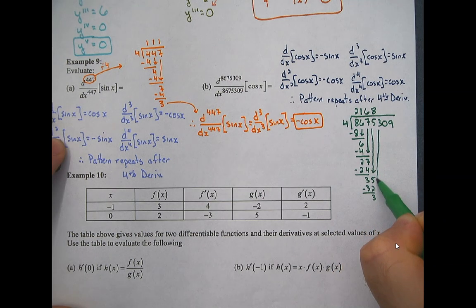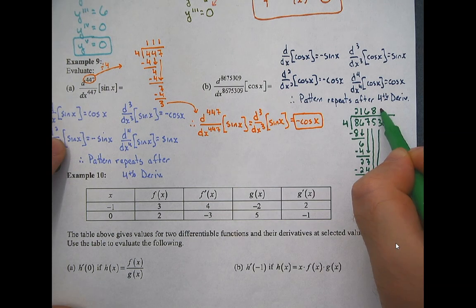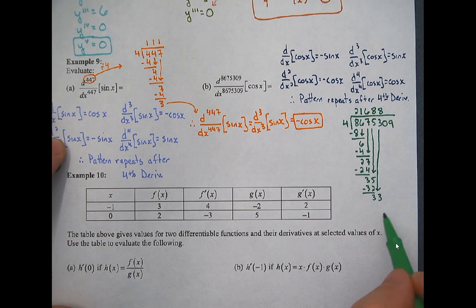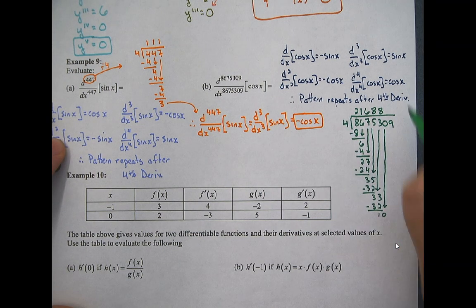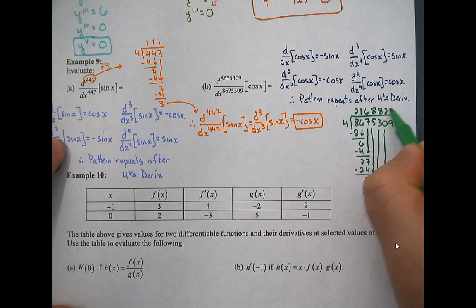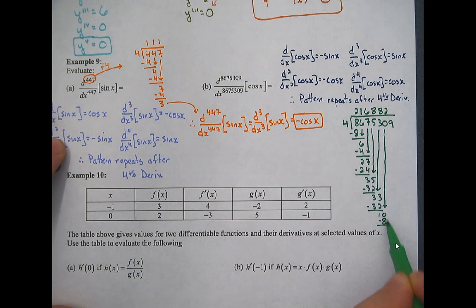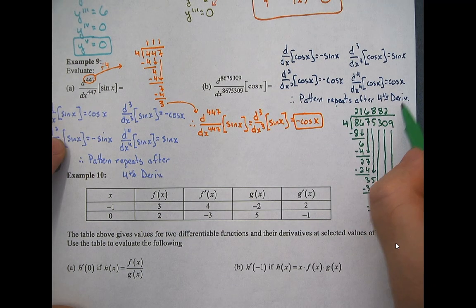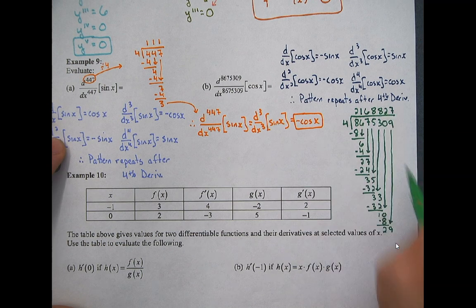The 3 drops. 4 goes into 33 8 times again. That's 32. Draw the line, switch the sign. That's a 1. I'm running out of room. That's a 0. 4 goes into 10 twice. That's an 8. Draw the line, switch the sign. That's a 2. The 9 drops. 4 goes into 29 7 times. That's 28 with the remainder of 1.